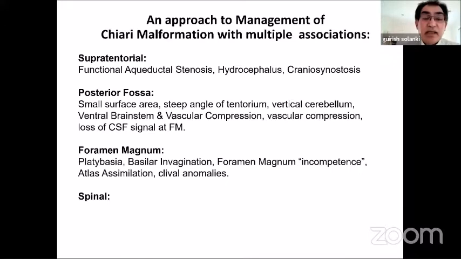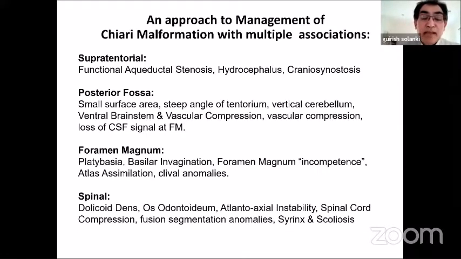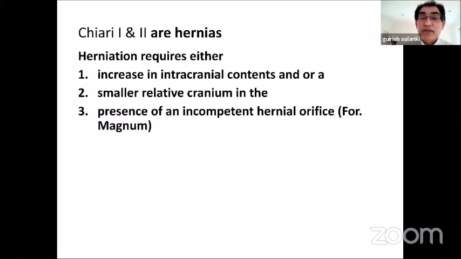And then in foramen magnum, the mesodermal abnormalities identified by Menezes and others, platybasia, basilar invagination, foramen magnum incompetence, atlas assimilation, clival anomalies, all of those play a role. And then in the spine, things like dolichoid dens, os odontoideum, atlantoaxial instability, spinal cord compression, fusion segmentation anomalies, syrinx, scoliosis, and of course, the dysraphic conditions as well.